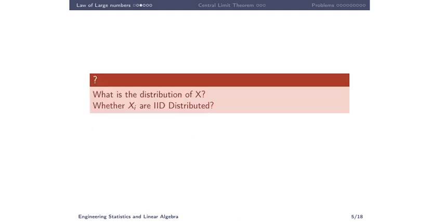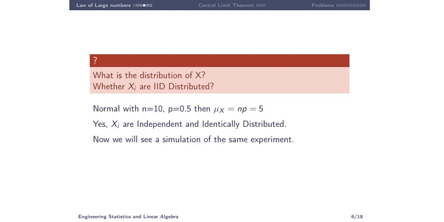Now there is a question, what is the distribution of x, and whether xi is an IID process or IID random variable. So what is the distribution of x?